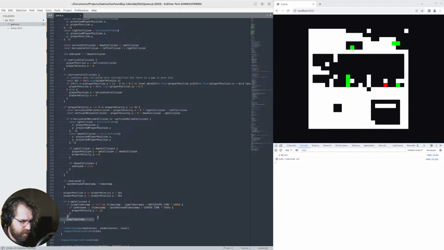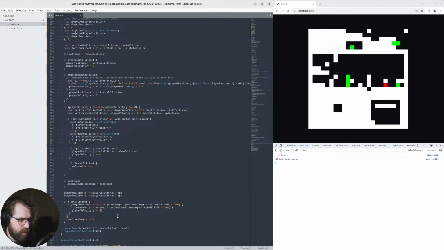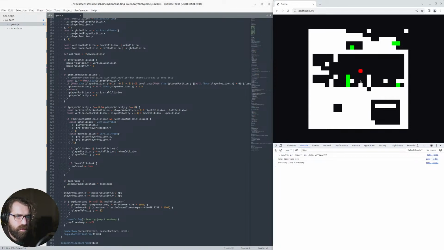Well, no, because there's an up collision. So, console log, clearing jump timestamp. I might as well say this then. Okay. So it's clearing it immediately.